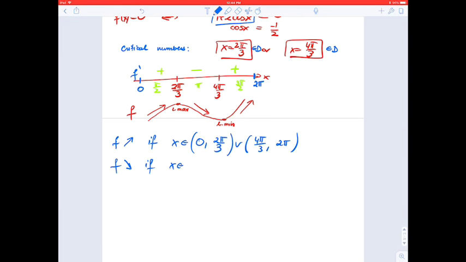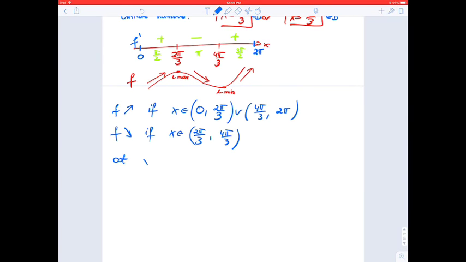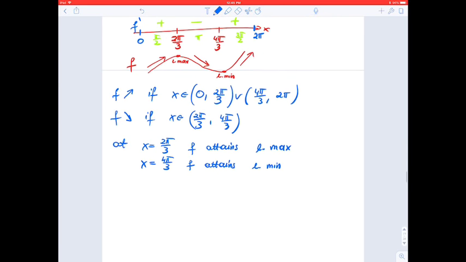That's our domain. Function is decreasing if x belongs to the interval between 2 pi over 3 and 4 pi over 3. Really good. At x equals 2 pi over 3, function attains a local maximum value, and at 4 pi over 3, function attains a local minimum value.